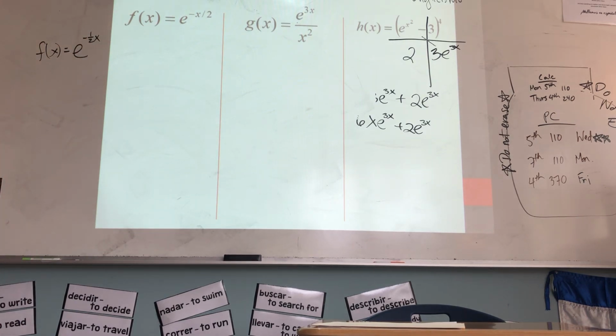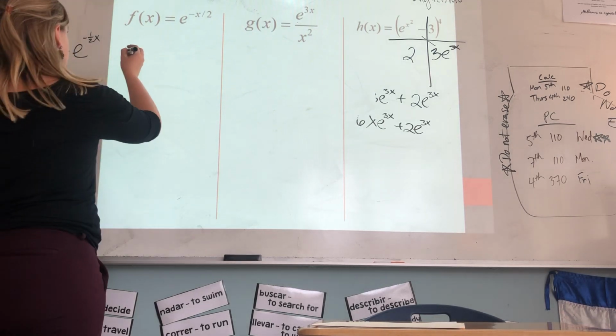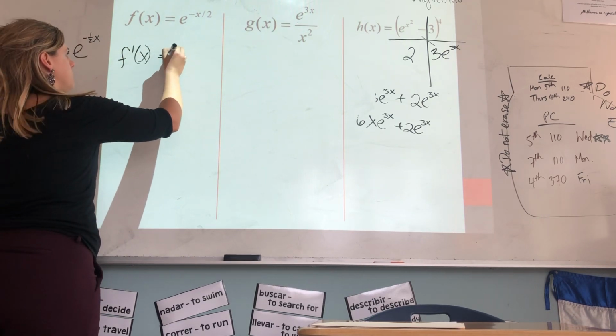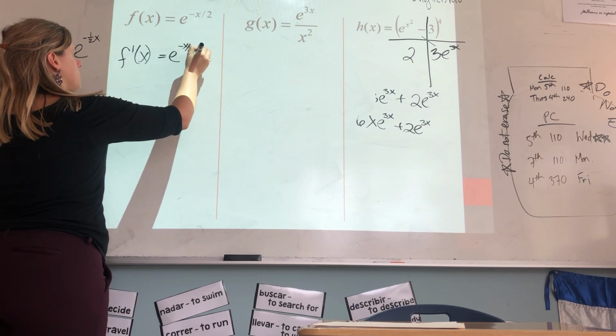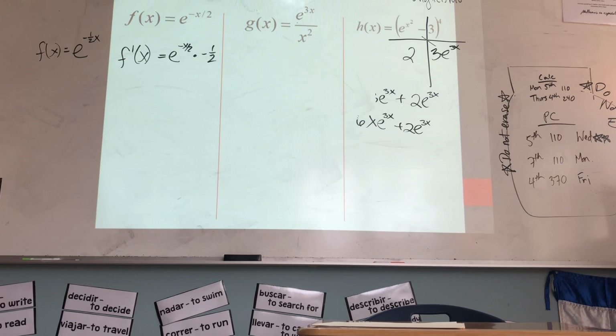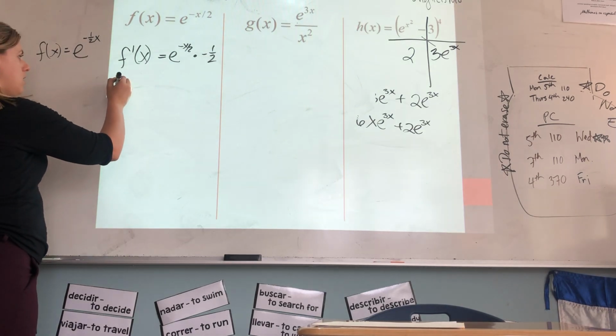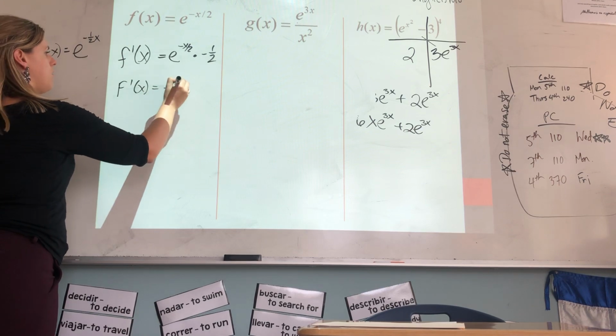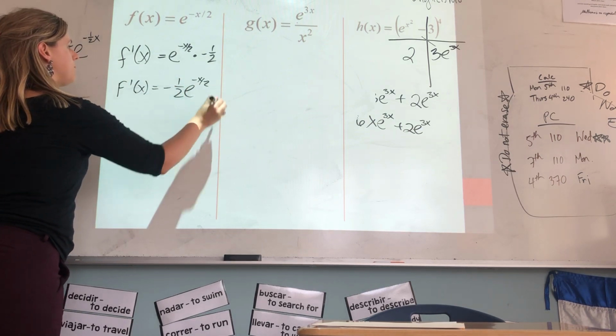Find your du. How's that for f prime? We good? You do a little rewrite. f prime of x is negative 1/2 e to the negative x over 2.